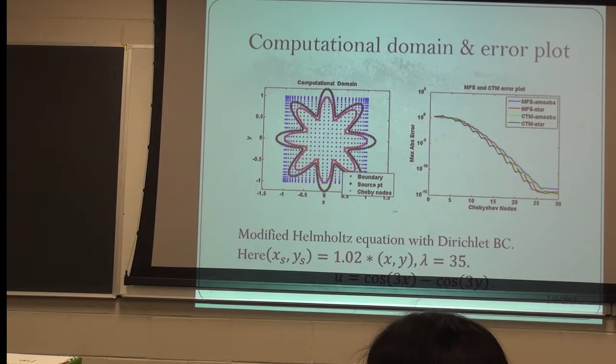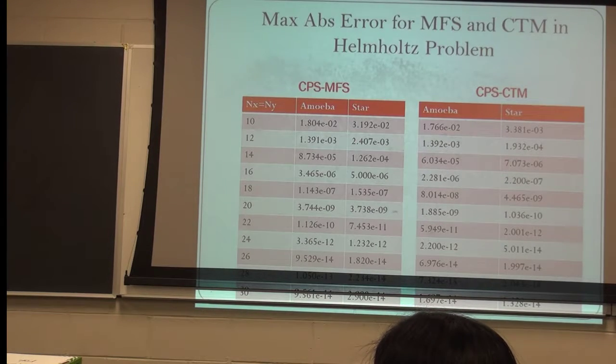In this case also we got pretty much the accuracy, which is actually 10^-12, 10^-14. That is for the method of fundamental solutions, and that's the computation, the collocation trace method. Those are the two different methods.